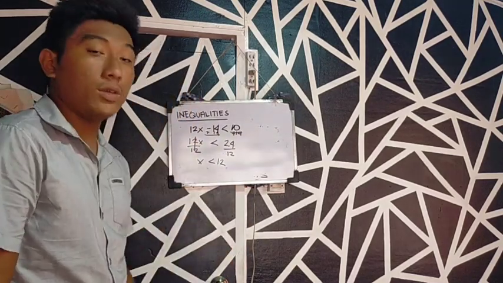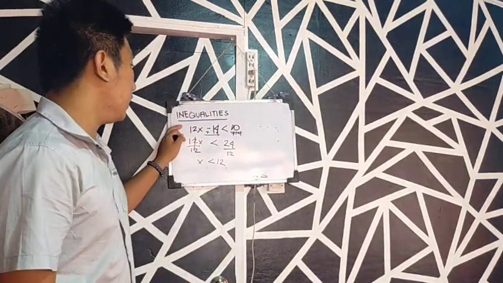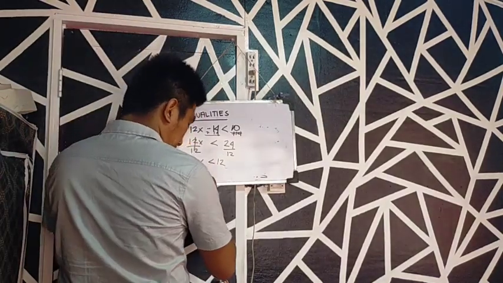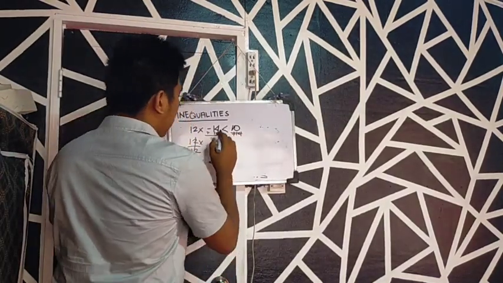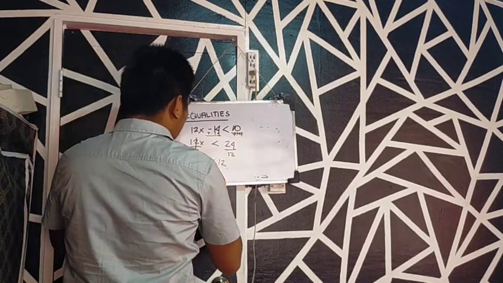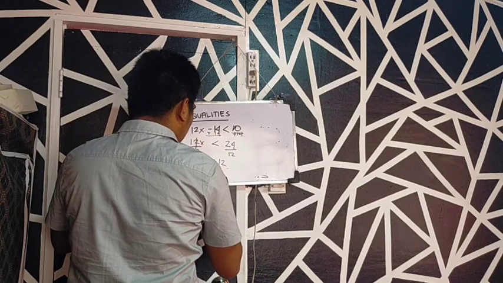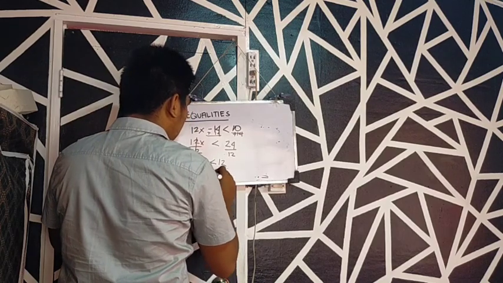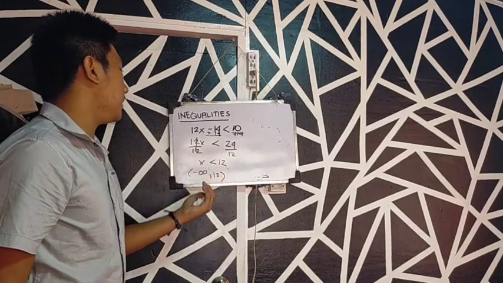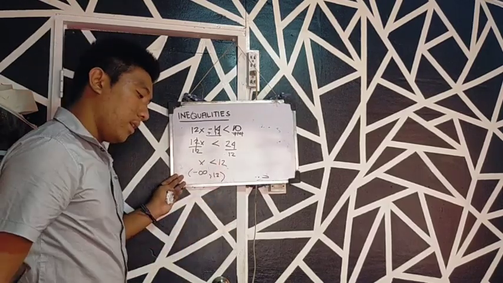So I will show you the interval notation for this statement. Since we are dealing with an inequality less than, the interval notation would be negative infinity, then the value of our b would be the 12. So any number less than 12, down to negative infinity.